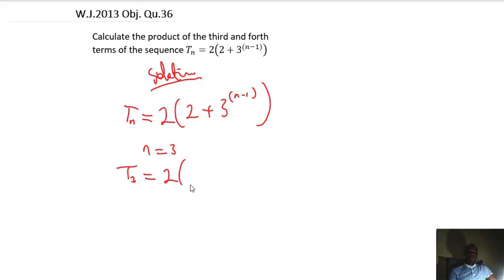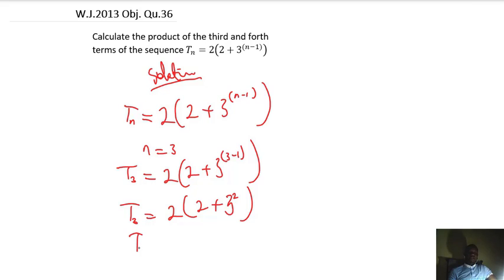So we have 2 times 2 plus 3 exponent 3 minus 1. 3 minus 1 will give us 2. So T3, the third term, is equal to 2 times, 3 exponent 2 will give us 9, so we have here 2 plus 9.